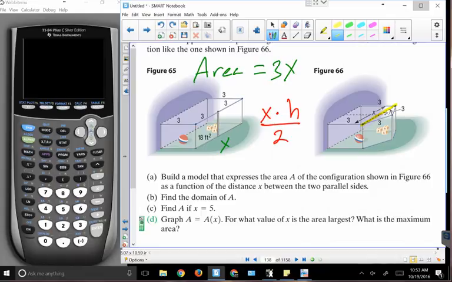Okay, so now we have to sit there and figure out the height, correct? Because the height has to be in terms of what?